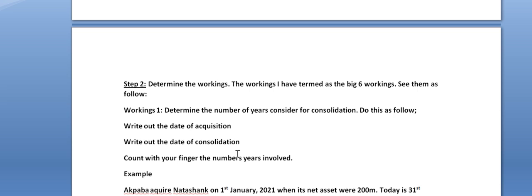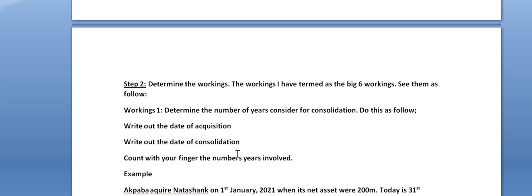It is very, very important, because I have seen over time that if you cannot calculate those numbers of years, that is the beginning of your failure, because you will need it when you are doing certain adjustments. So workings 1 is to determine the number of years to consider for consolidation.